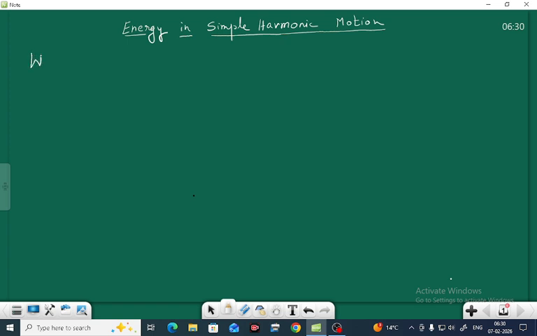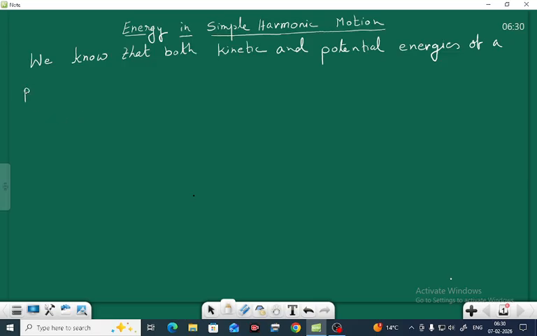We know that both kinetic and potential energies of a particle in SHM, simple harmonic motion, vary between 0 and their maximum values.